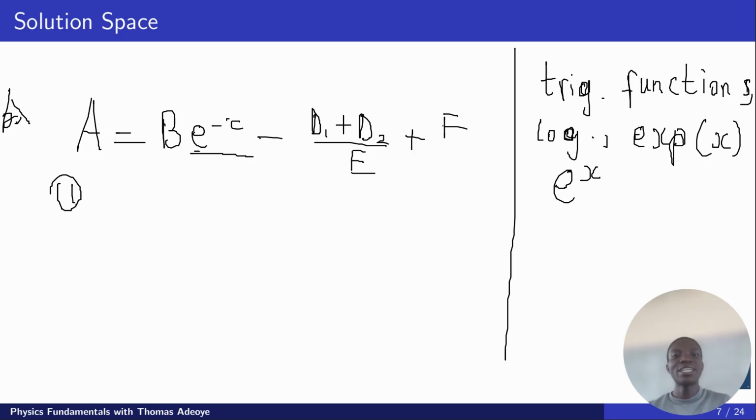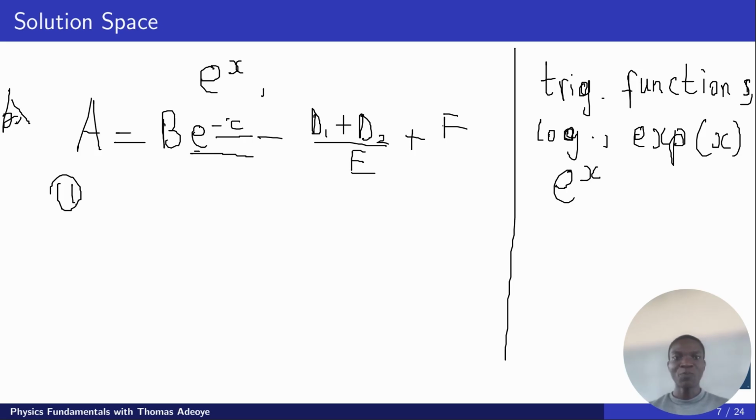So for it to be dimensionless, its argument here must be dimensionless. What am I saying? Let me try to put something here. If I say exponential x, since the exponential function in dimensional analysis is dimensionless, it means its argument x must be dimensionless.